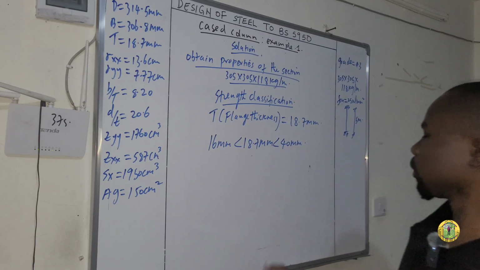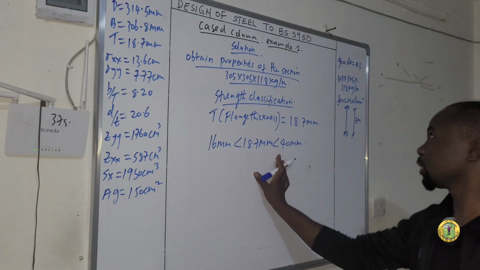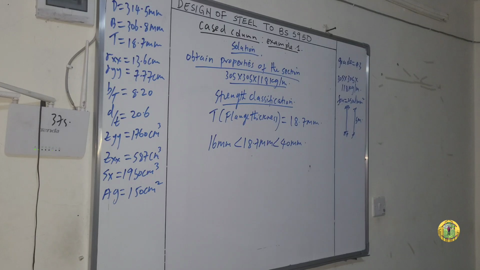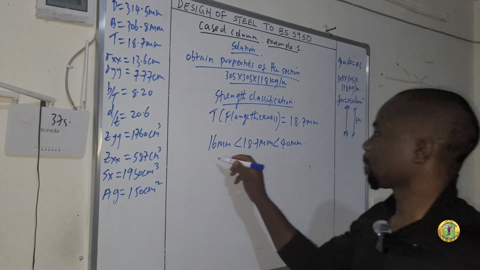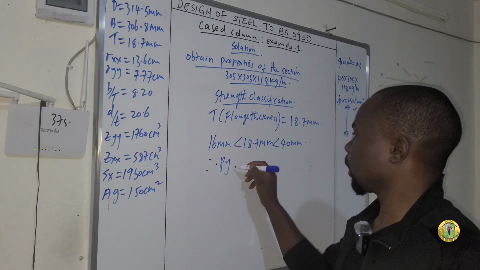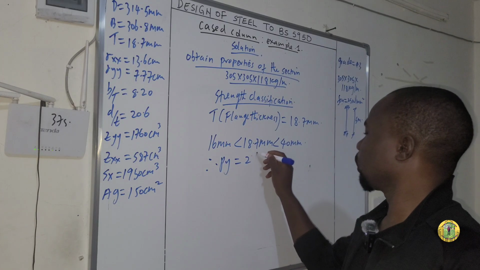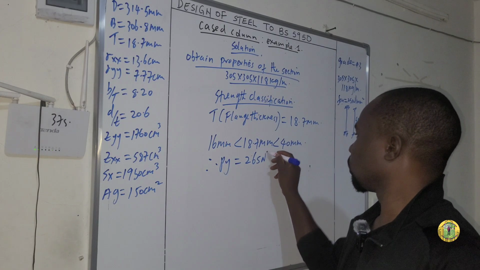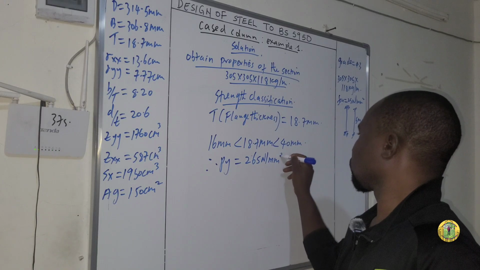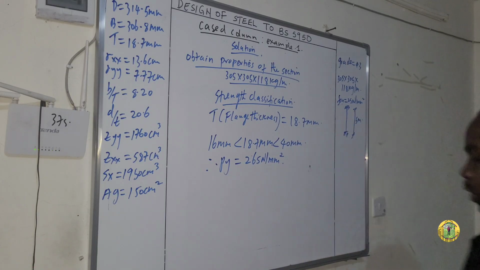So these are the guidelines provided in the table of BS5950 on how to classify the strengths. So you will say, therefore, Py is equal to 265 Newton per millimeter square. So this is the strength of this section.